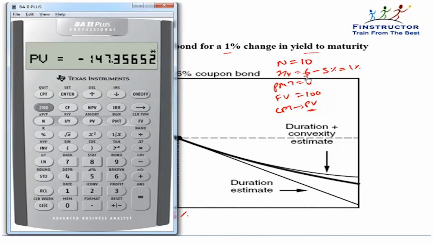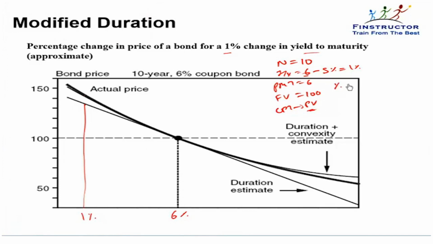With a 6% yield, the price was 100. With a 1% yield, that is a 5% decline in yield, the price of the bond would be 147.35, or the percentage increase in the price of the bond would be 47%. If yields fall by 5%, the price of the bond goes up by 47.32%.